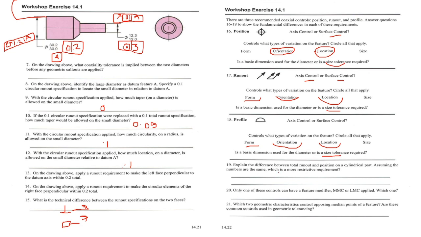Then the next is, explain the difference between total runout and the position of a cylindrical part. Assuming the numbers are the same, which is the more restrictive requirement? The total runout controls the form also. The position of a cylinder doesn't control the form of a cylinder, but controls only the position.